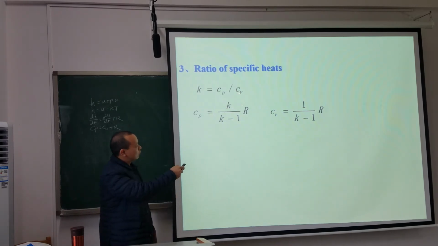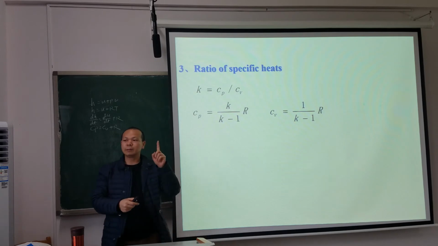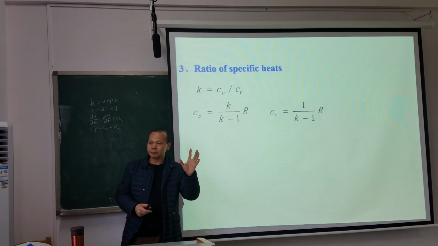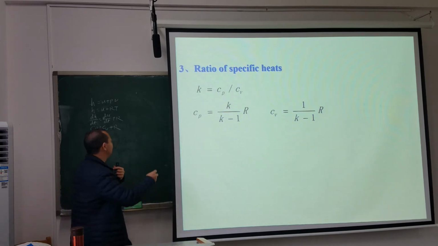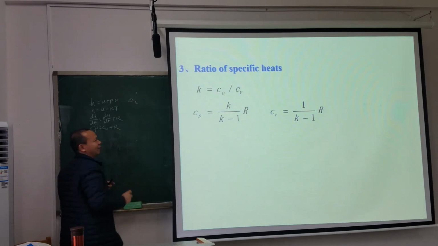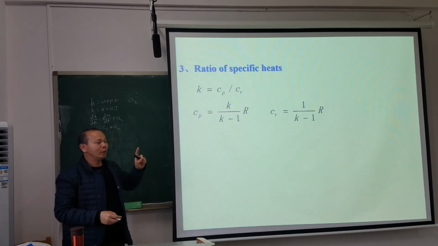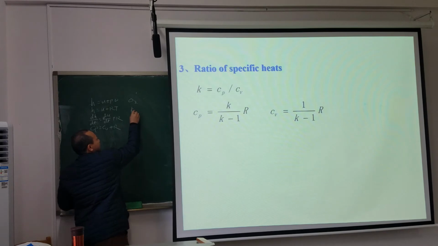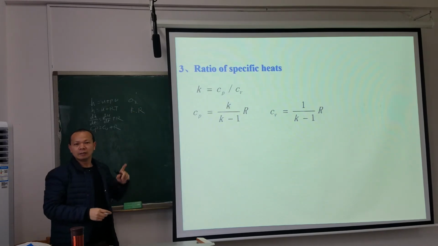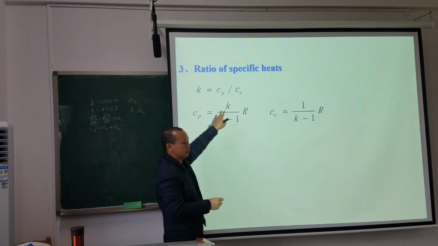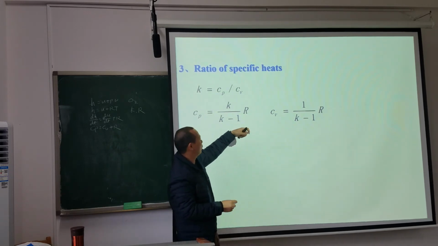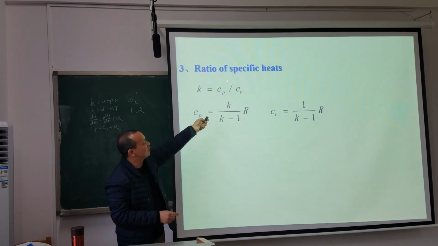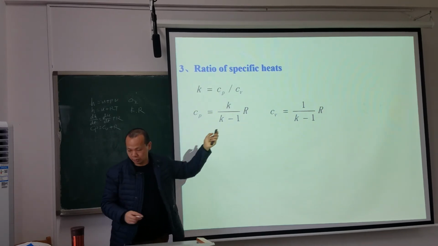Now, if we give you a specific gas, for example, oxygen, we can find out its K and its R, yes? And then we can calculate the CP and the CV now. So this is the reason why we need to define a ratio of specific heat.